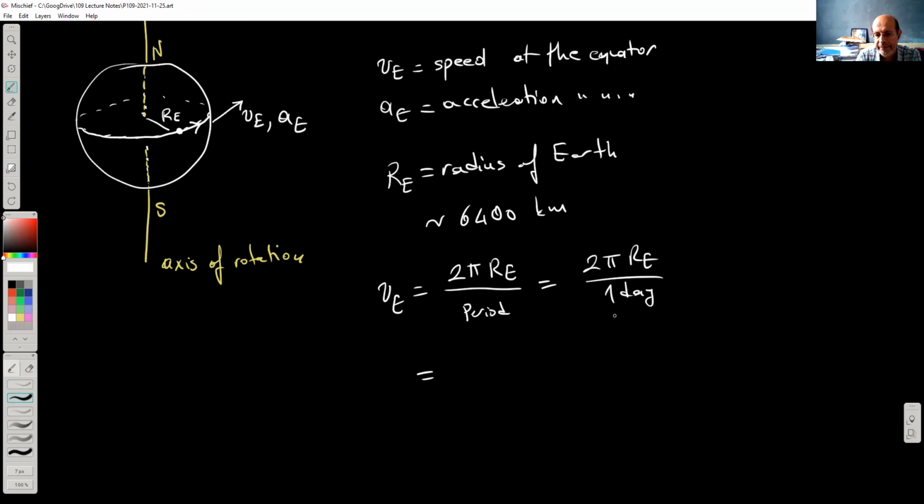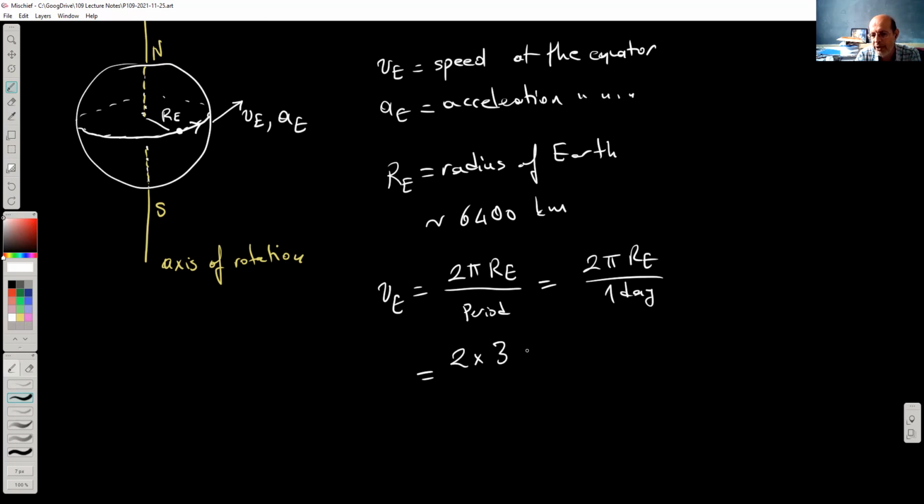It's just an approximate expression. I won't be talking about the definitions of what a day is, or the precise values of these quantities, like the radius of the Earth at the equator. If you want to compute this precisely, you can do it by looking at these values. I'm just going to compute these approximately.